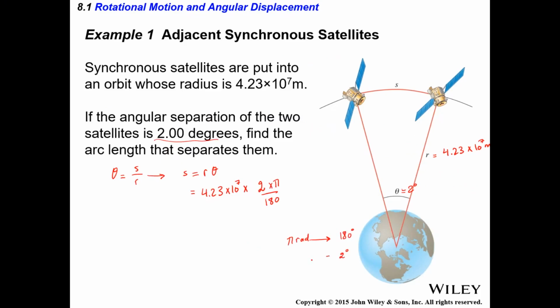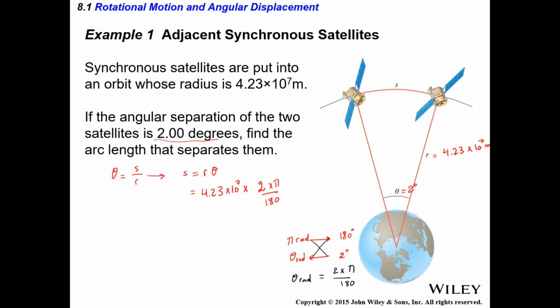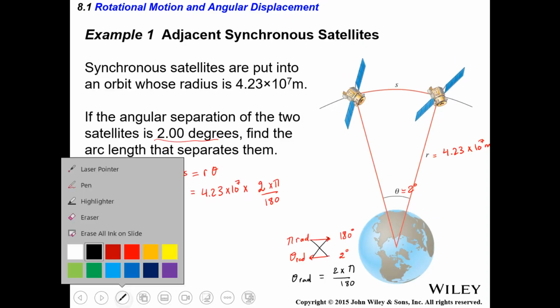So 2 degrees will be, this is theta in radian. I make a cross multiplication. We get theta in radian is 2 times pi over 180. So we can calculate S. It should be 1.5 times 10 power 6.